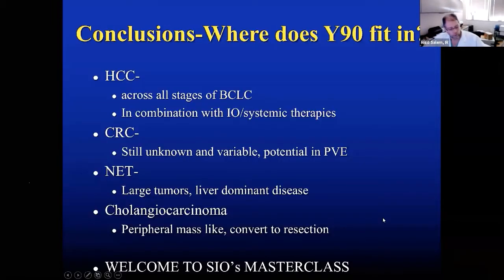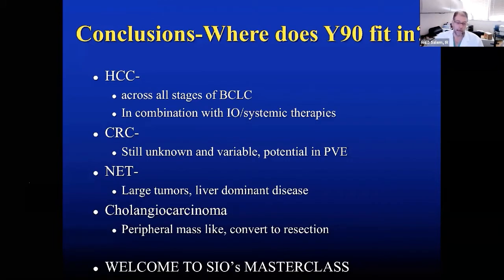So to conclude, where does Y90 fit in, and what are the sorts of things that you want to be thinking about during the next 2 days? For us, we apply Y90 as our arterial treatment of choice across all stages of BCLC. There's obviously going to be a lot of discussion on immunotherapies and Y90 and systemic therapy, and I think Alex will touch on that later on.